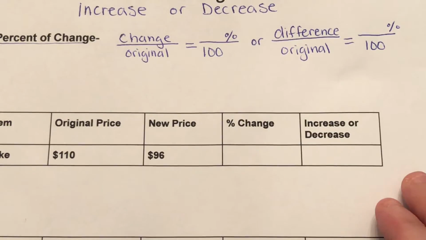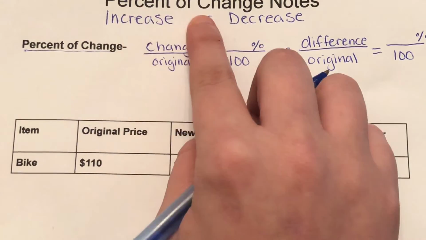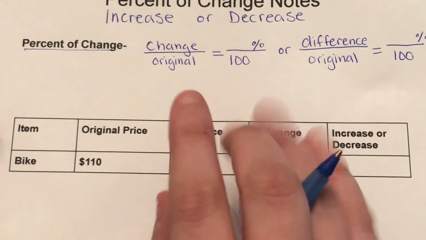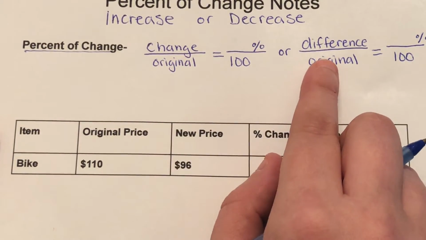I'm going to use this first one because it says percent of change, and that's usually how it's going to be asked. It'll say percent of change, or what percent did it increase or decrease by? It will usually say change, but you can also think of difference.